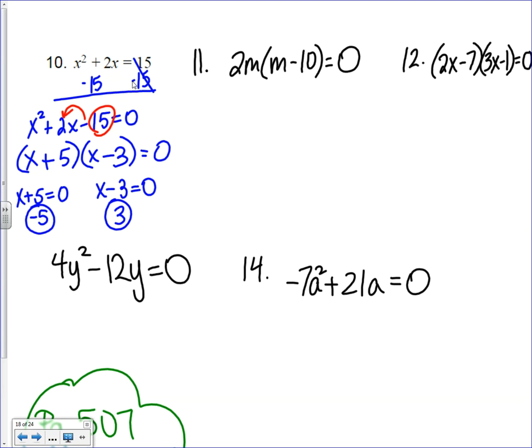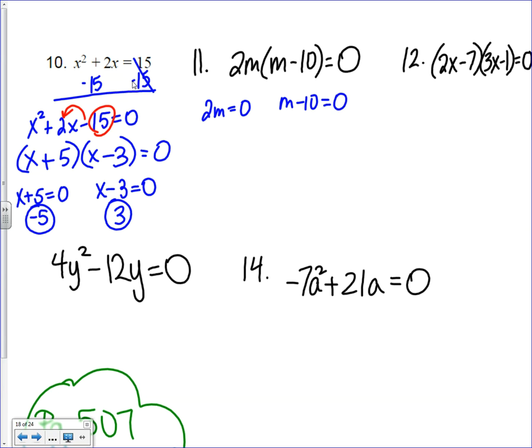Wonderful. Okay. Now, I know that nobody ever wants to add problems to their notes, but why are 11 and 12 really not a big deal? They're already equal to 0, first of all. Do you see how there's already two binomials? That means they've already been factored for you. So all you have to do is the very last step. And what is that very last step? Yeah, you're just going to separate them and make them equal to 0.